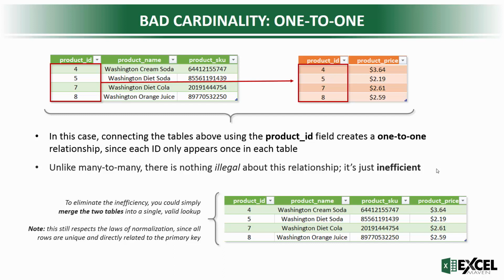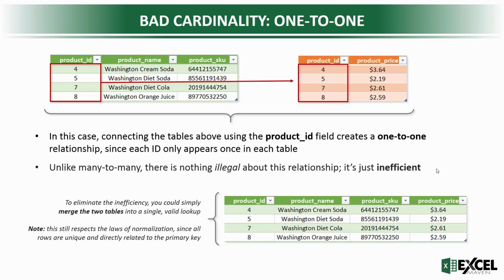But consider this. If we take this approach, it still respects the laws of database normalization. Since A, all rows are unique and directly related to the primary key, and B, this merged table still serves a distinct specific purpose because both were offering attributes or characteristics related to a single product ID.